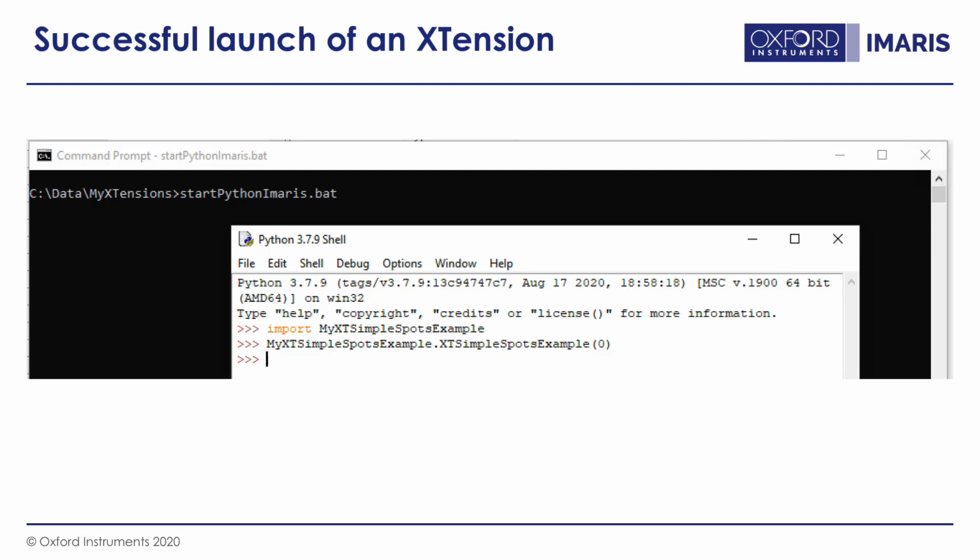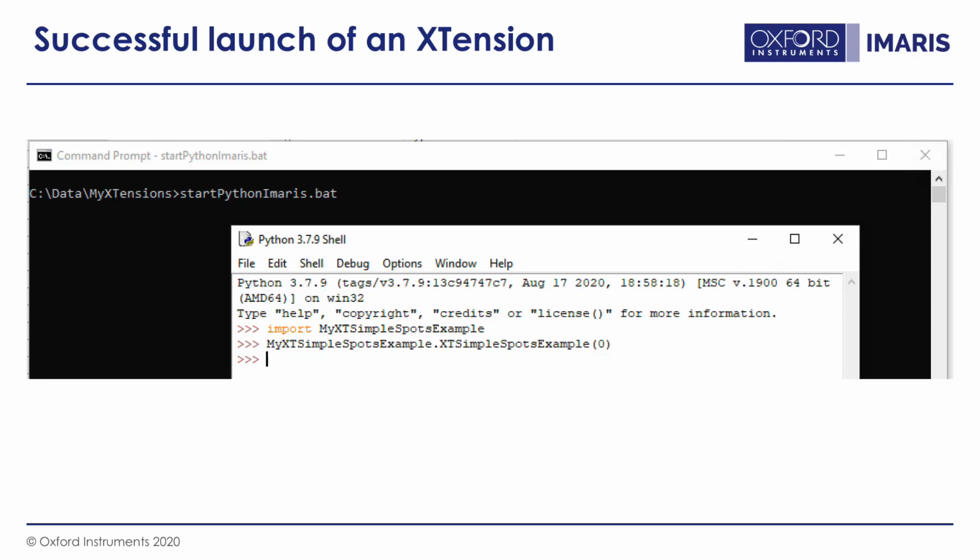This is how it looks in Python. In Imaris, you should see that now this central spot should have appeared. Now, if there is no error, you'll see these 3 arrows, and that indicates that there's no error.